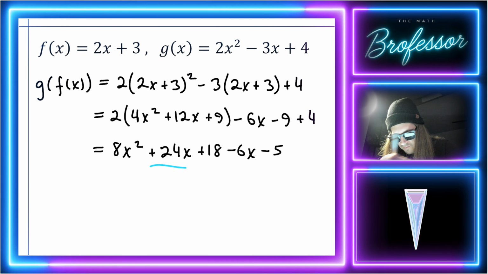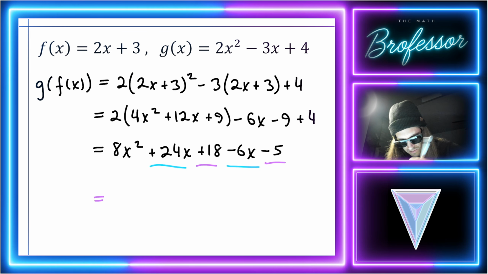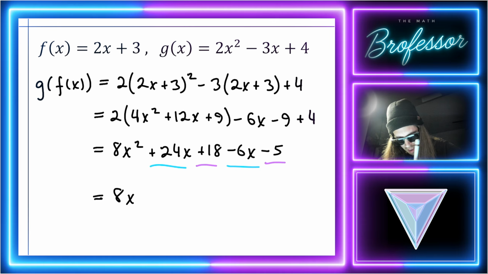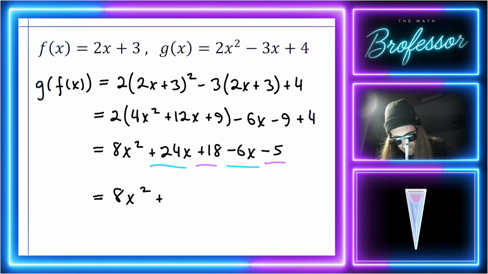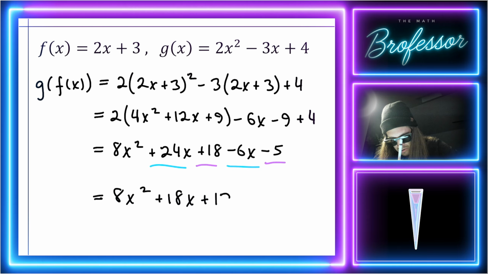And then we have a 24x and a minus 6x and 18 minus 5. Combine those. And we have 8x squared plus 18x plus 13.